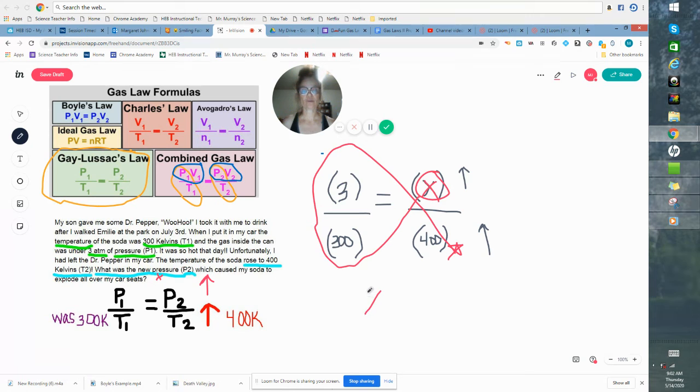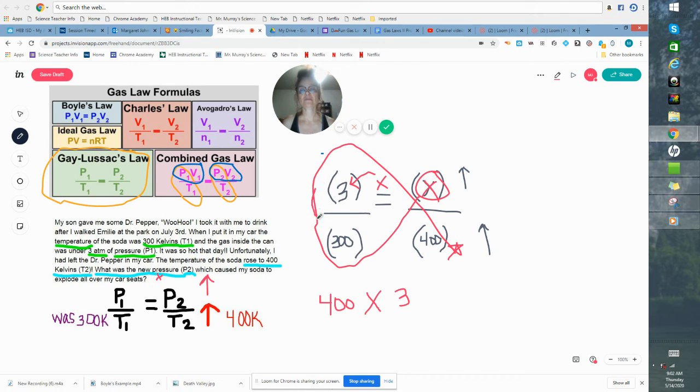And the first thing we're going to do as we retrace our fish is multiply. So here we go. 400 times, just retrace the fish, 3. Okay, 400 times 3.